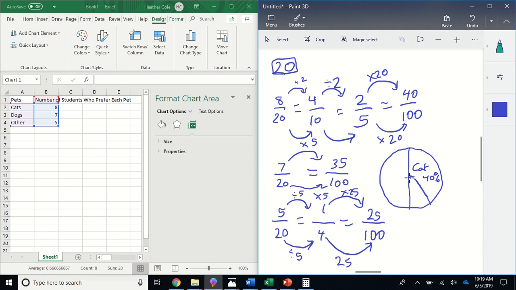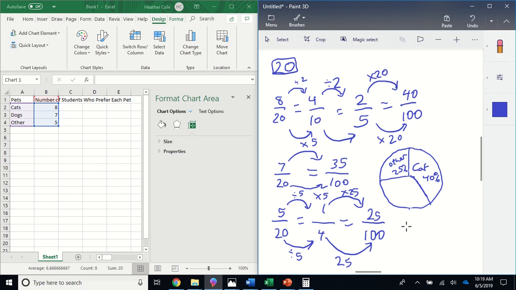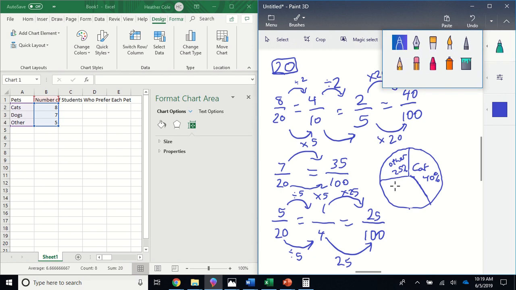So I know that my last piece is going to be a quarter of my pie. It looks pretty close. So other is 25%. And now this last piece should be 35 1/100ths. And it looks like it's a bit smaller than the 40 and bigger than the 25, so that's a good sign.